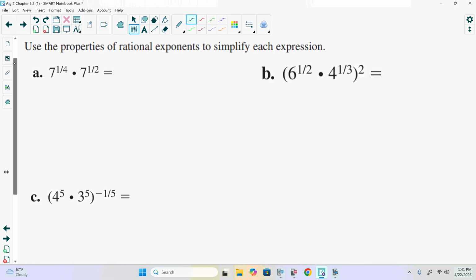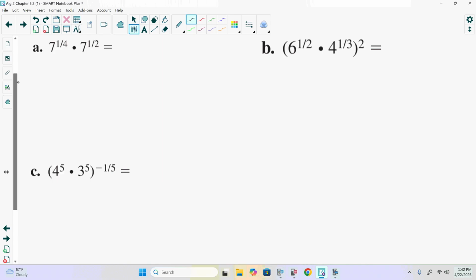Now, the first one we have is 7 to the 1/4 times 7 to the 1/2. When we multiply like bases, we add the exponents. So what we're saying here is that I actually have 7 to the 1/4 plus 1/2. So now we just need to do 1/4 plus 1/2.